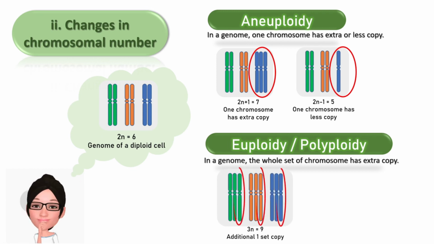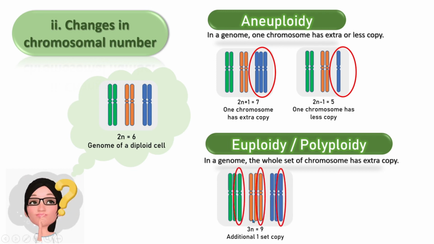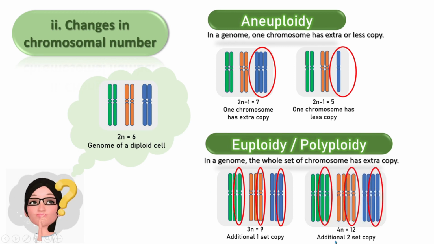While in euploidy or polyploidy, each chromosome has an extra copy, meaning that an addition of one set of copies occurs in the cell. Addition of 2 sets of copies is possible in euploidy. Addition of 3 or 4 and so on is also possible.